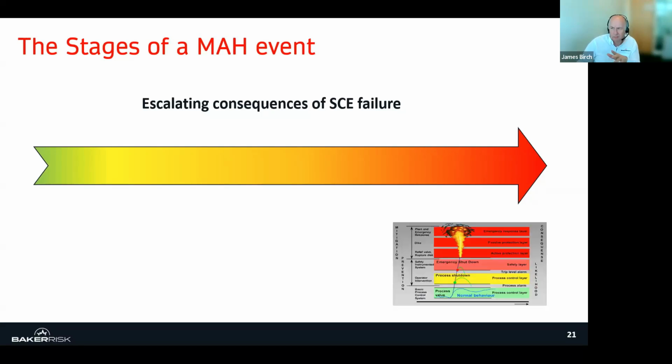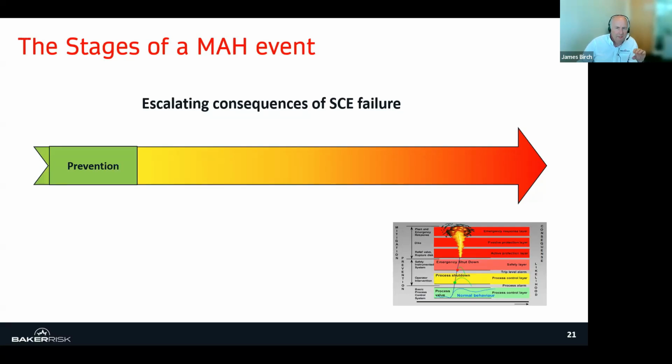So going back to that idea of the different stages, let's try and identify what's happening. So at the beginning, we hope the plant is running normally. In green, the prevention stage, we're safe.